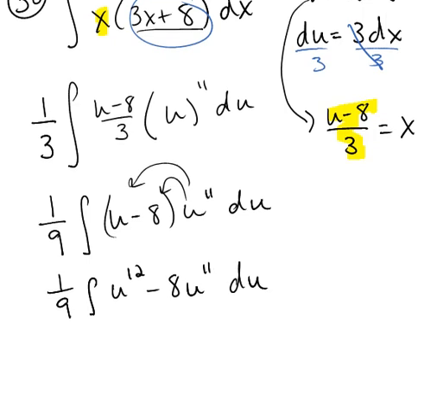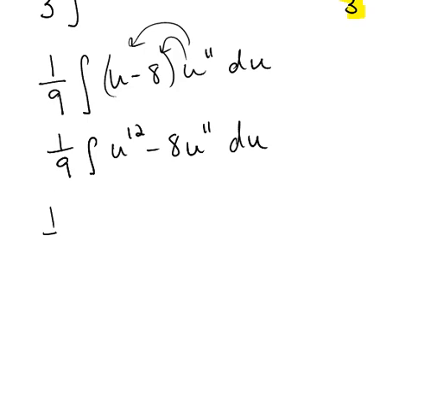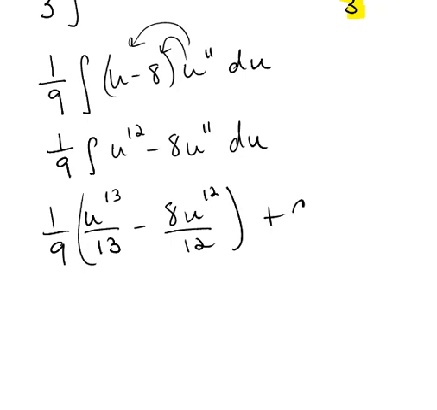And now I will use the power rule, so this is 1/9 [u^13/13 - 8u^12/12] + c. And I need to replace what u is equal to on that, and I can do some cleaning up with that as well.